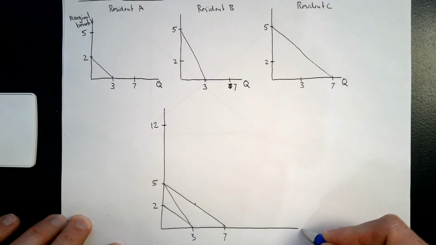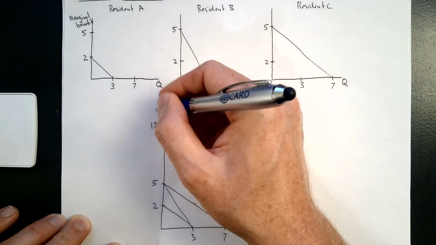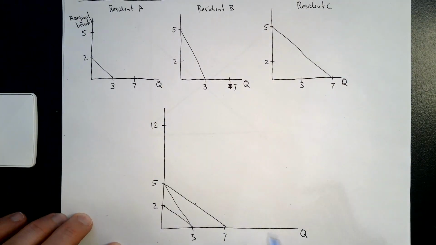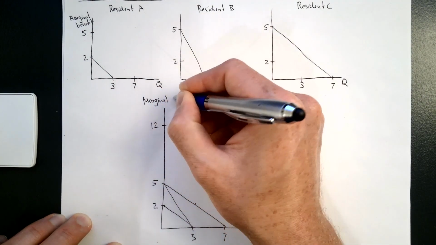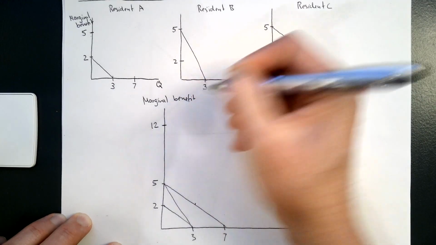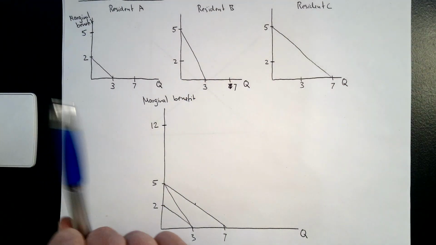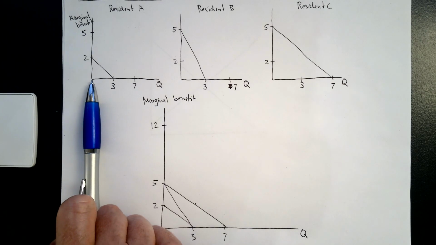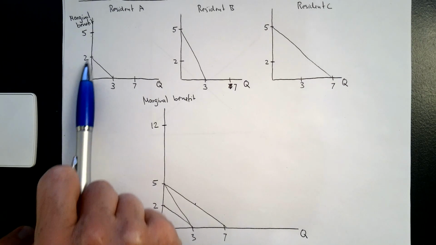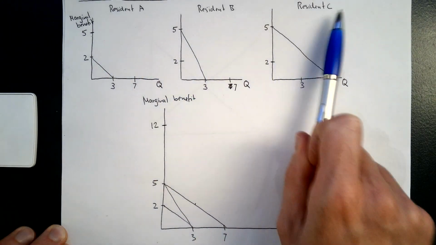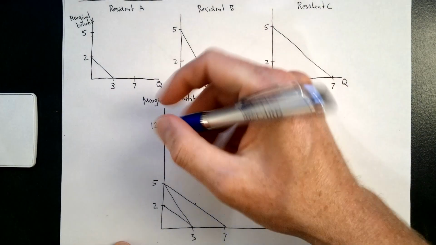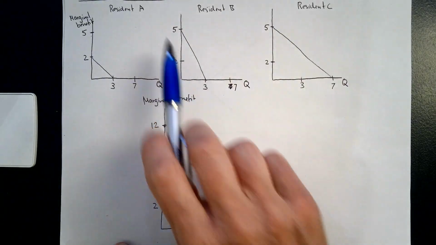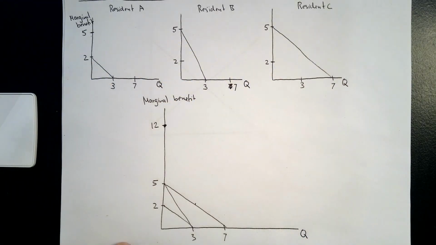This is in the graph below. So here we have again the quantity and then the total marginal benefit. Think about if we are not providing the good at all, then the marginal benefit is 2 for resident A and 5 for residents B and C. Since the consumption is non-rival, that means that the marginal benefit starts at 12, so 5 plus 5 plus 2.